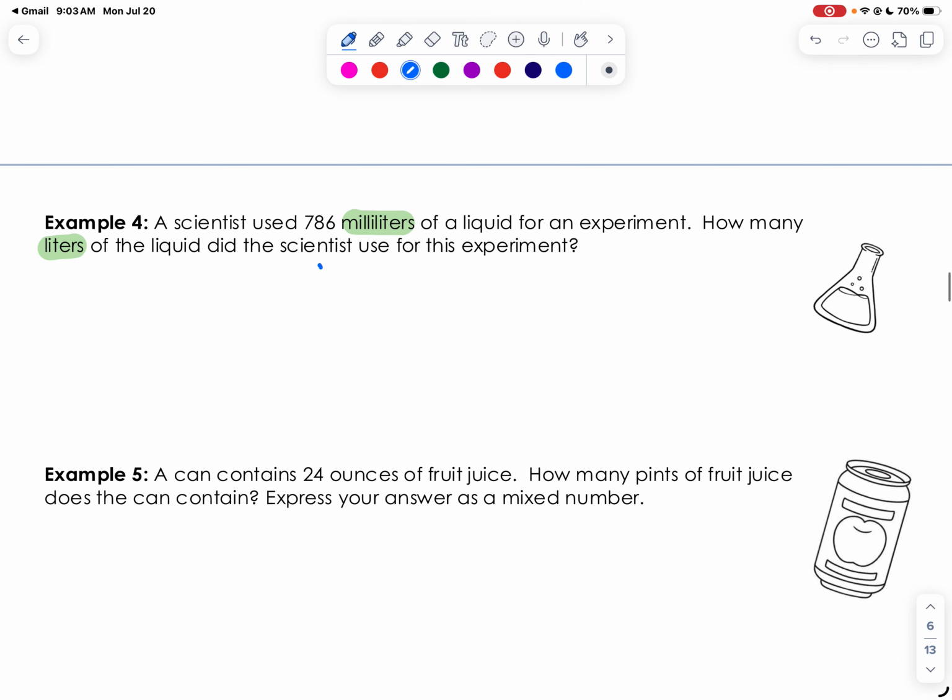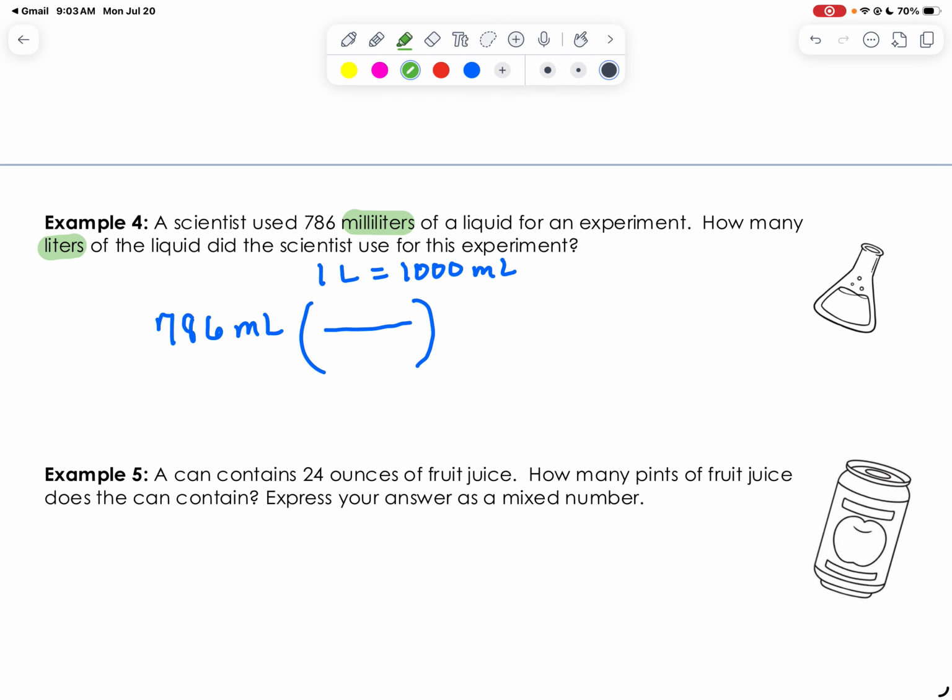So let me write that down. 1 liter is equal to 1,000 milliliters. All right, so again, we'll start with what we have, 786 milliliters. You'll multiply by the unit rate. Well, how do you know which one goes on top, which one goes on bottom?